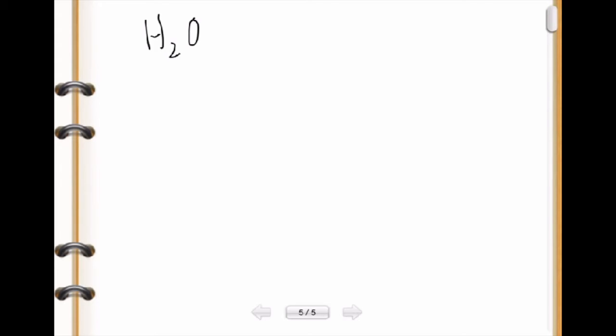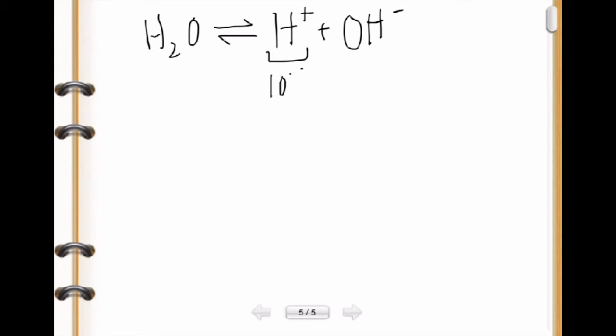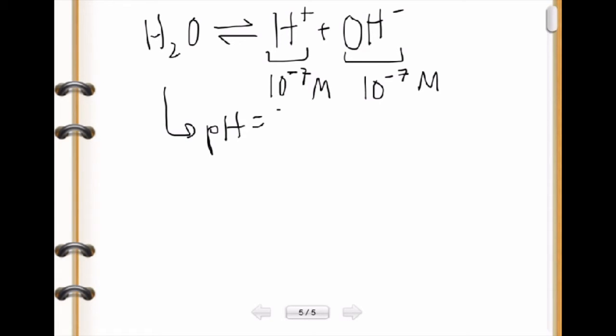If you're not comfortable with these arrows, that's fine. I'm going to draw these equilibrium arrows because water is in an equilibrium. And what's actually happening is water is breaking down to H plus and OH minus. And water breaks down such that there's 10 to the negative 7th molar H plus and 10 to the negative 7th molar OH minus. And that's why water has a pH of 7.